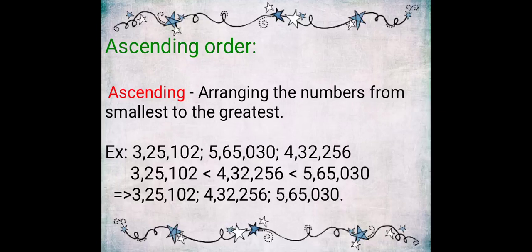Ascending is from smallest to greatest, no? So first comes the smallest. How to find out which is smallest? Looking at the places. So look at the lakhs place. It is 3, 5 and 4. What should come first? 3. Very good.